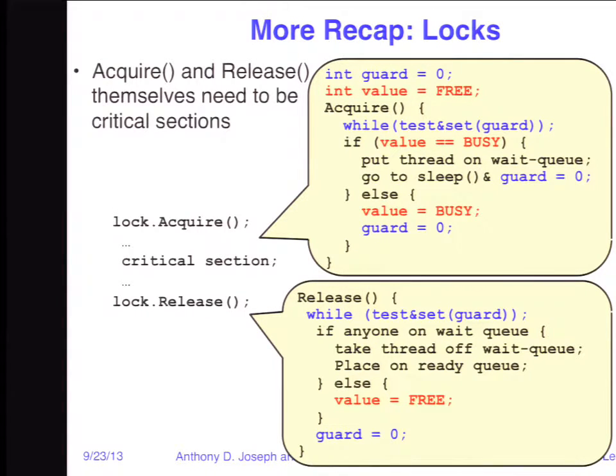The guard is protecting access to the critical section in acquire and in release, which in turn are used to control access to this critical section. Again, busy waiting is acceptable here because this is a short amount of code, maybe several hundred to 1,000 instructions.